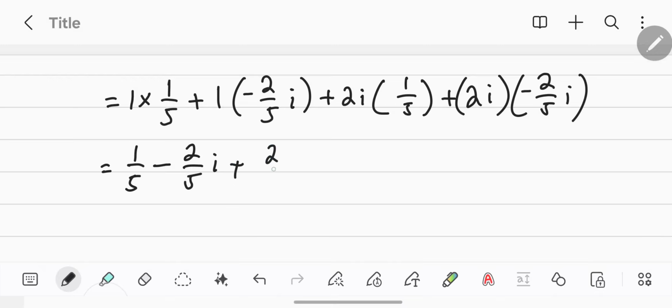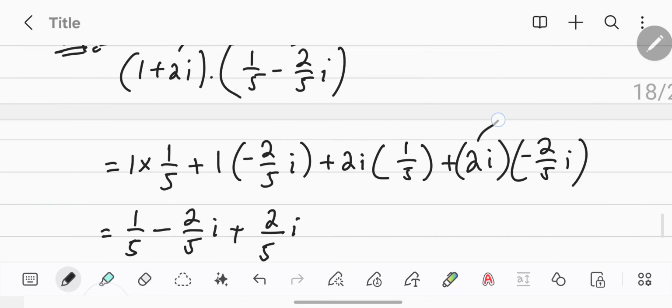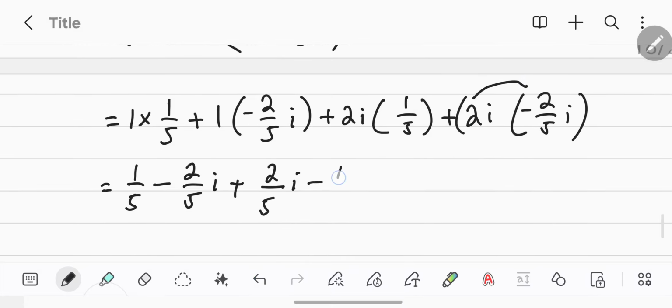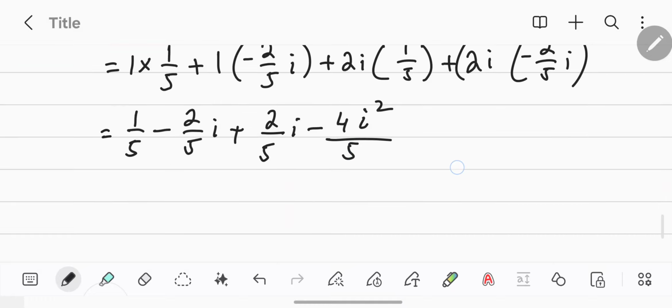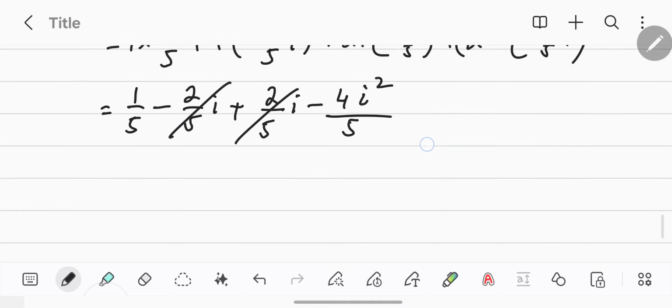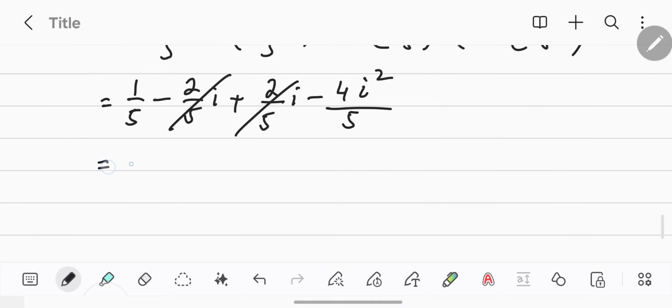Plus 2 iota divided by 5. Okay. Now multiply this with this one. Plus minus minus. 2 times 4. Iota times iota square divided by 5. Okay. These two terms will be cancelled.